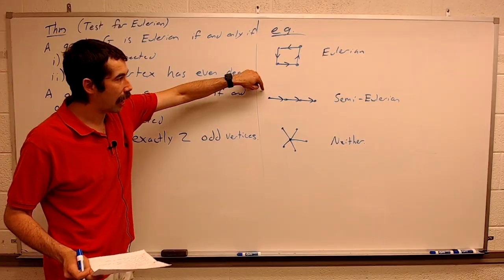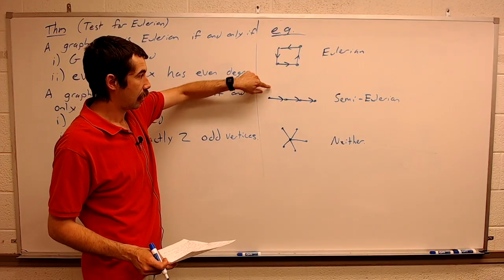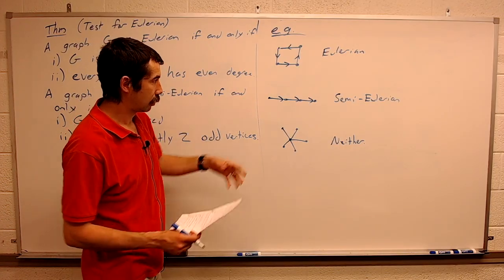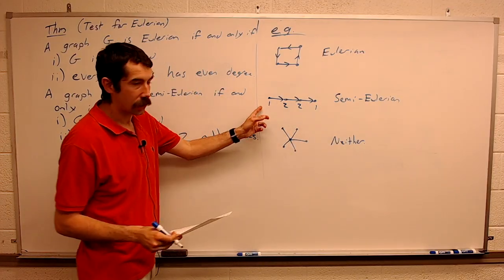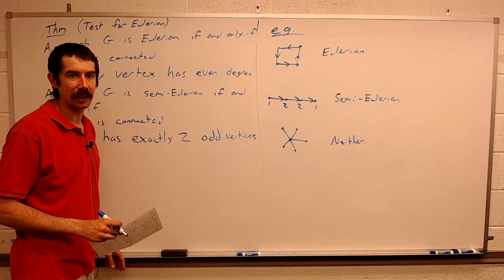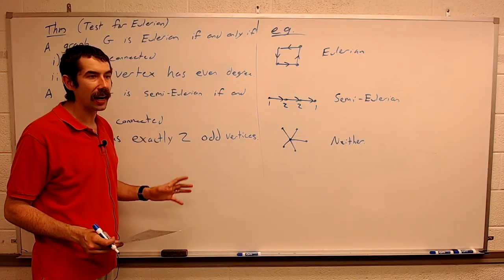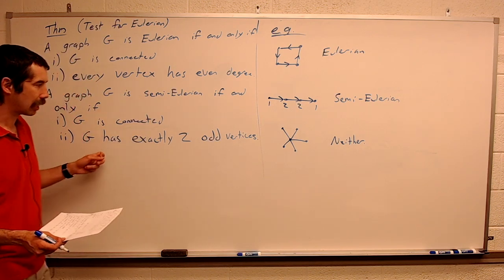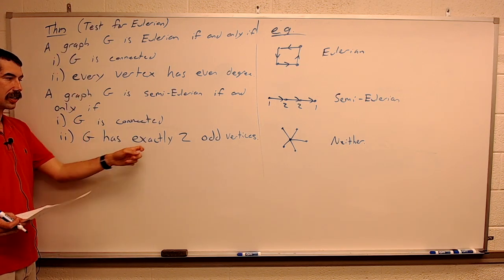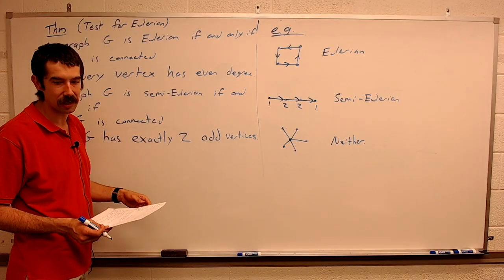This graph here has degree 1, degree 2, degree 2, degree 1, so 2 odd vertices. It's semi-Eulerian, right? We didn't even have to find the Eulerian trail to show that. This theorem tells us, since it has exactly 2 odd vertices, we know it's semi-Eulerian.